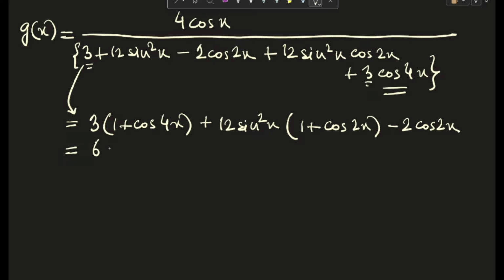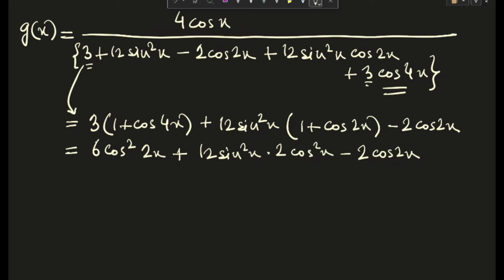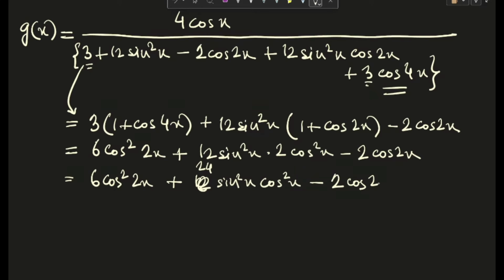So this will be 6 cos squared 2x plus 12 sine squared x times 2 cosine squared x minus 2 cosine 2x. So what we have here is 6 cosine squared 2x plus 24 sine squared x cosine squared x minus 2 cosine 2x.